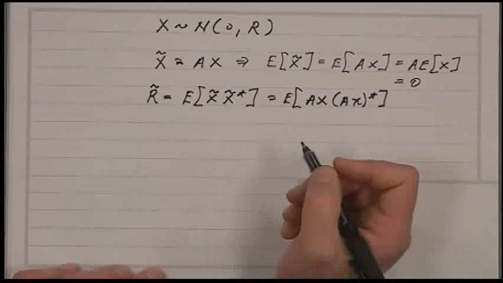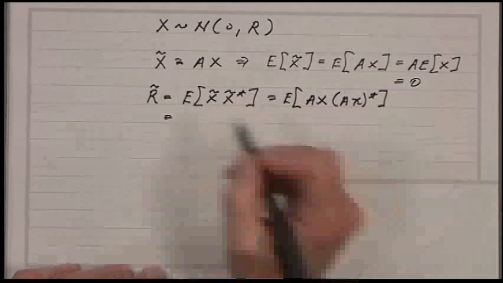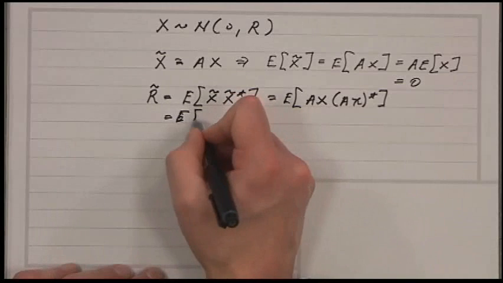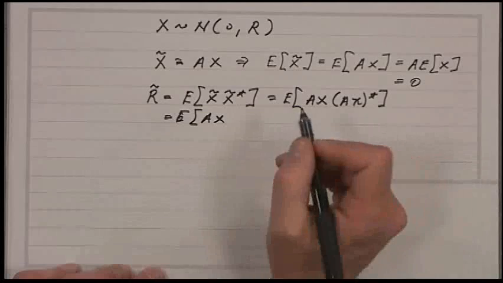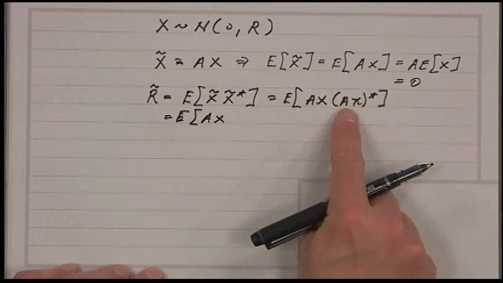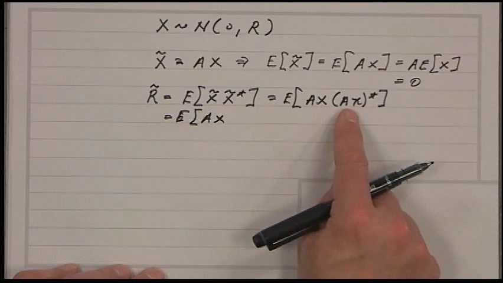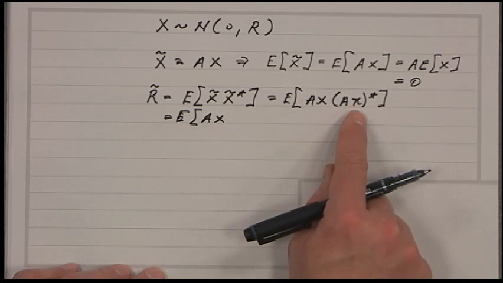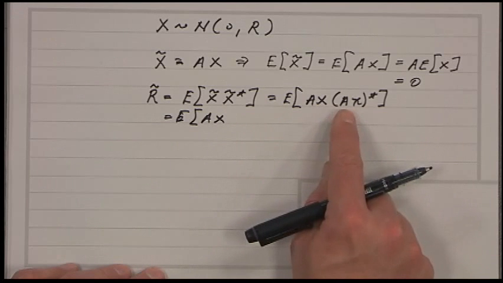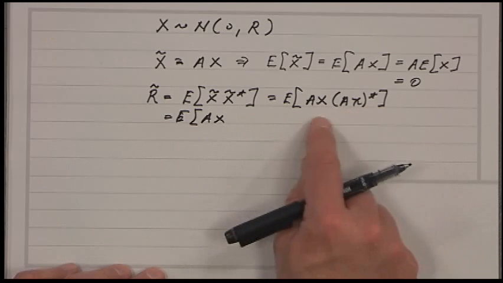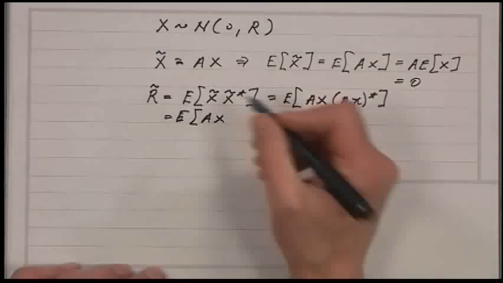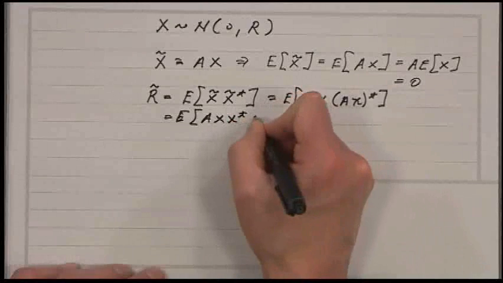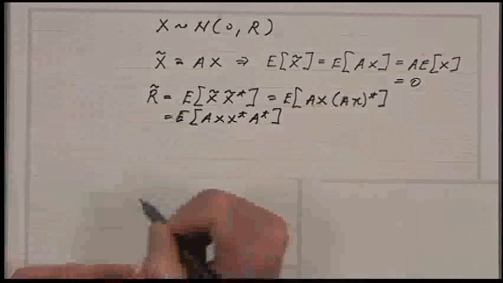Whenever you transpose a product of matrices, and a vector is a special case of a matrix, what you do is you take the transpose of each element and then you reverse their order. So this becomes x transpose A transpose.